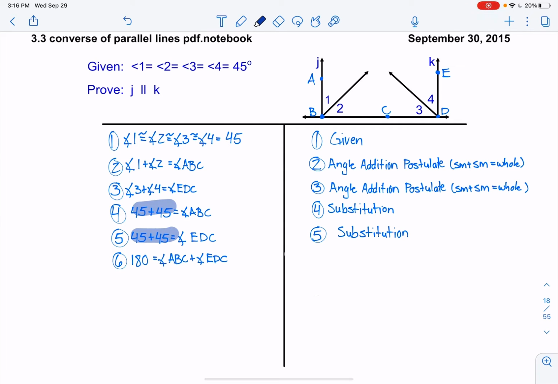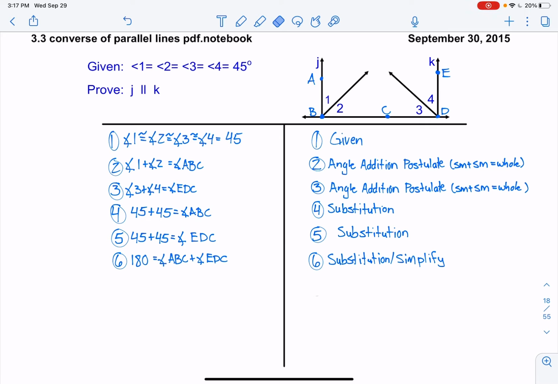These 45s, when I add those all up, I get 180 equals those two added together. And we're just going to call that substitution/simplify, because we added 45 four times to get 180, and we just substituted those values in.